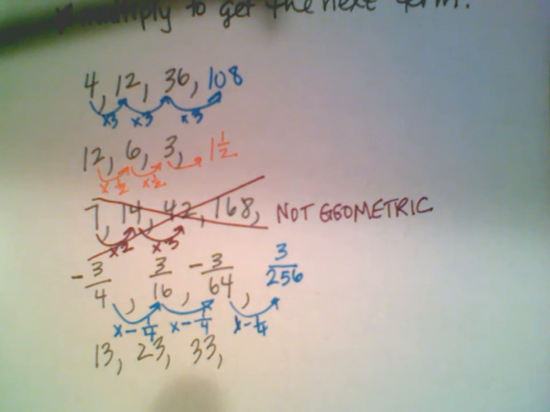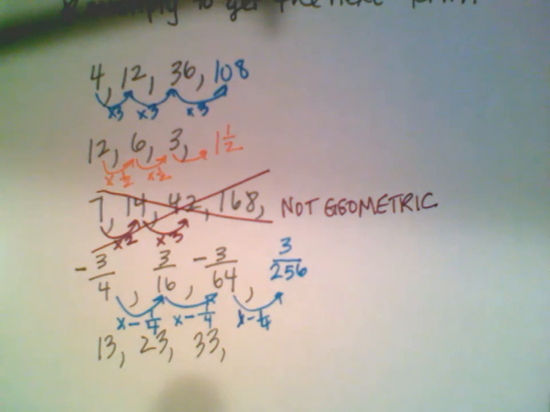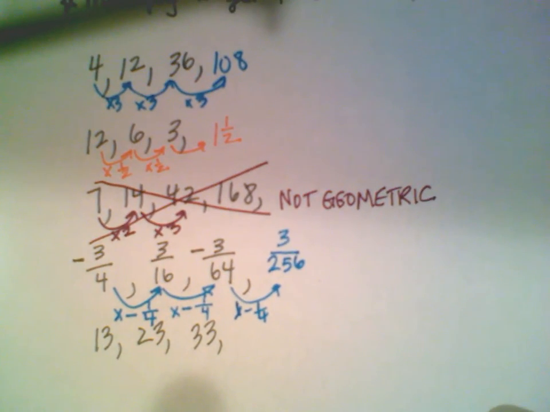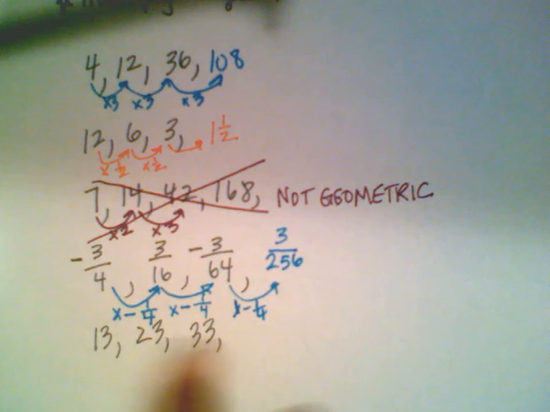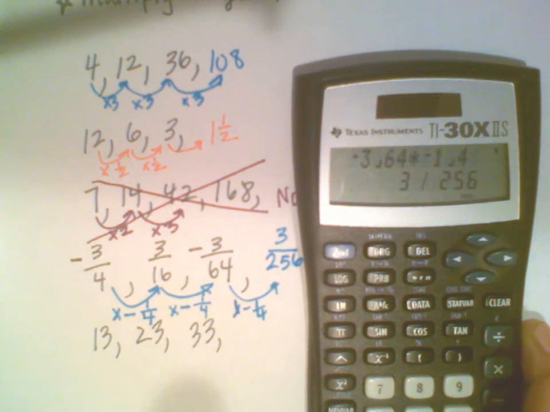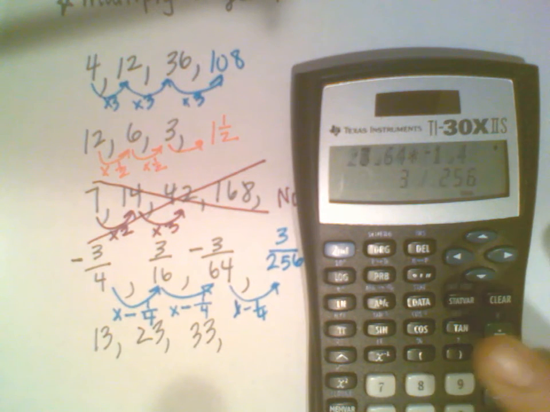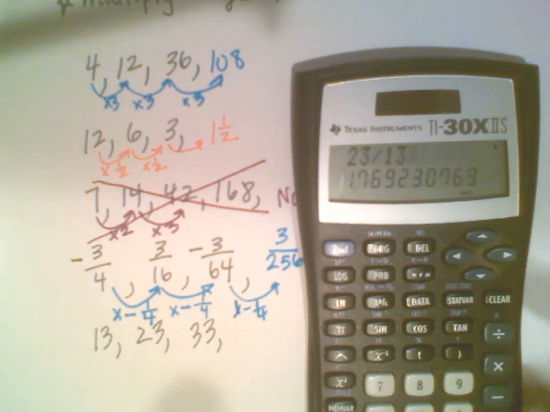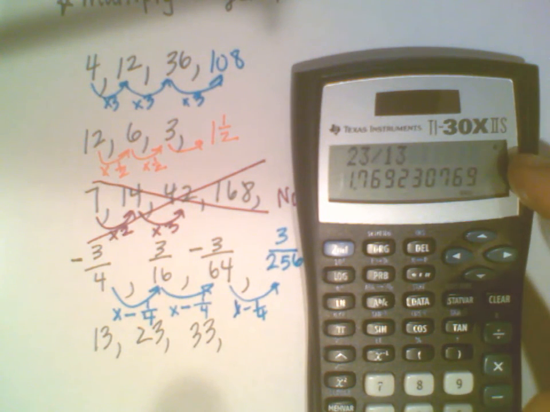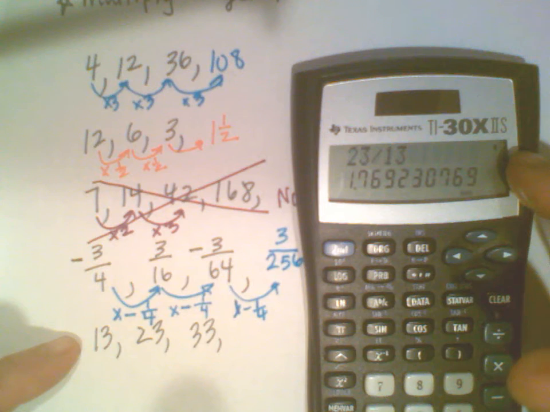So then my last problem that I have here, the last one we're going to go through, is 13 to 23. And so try as I might, I can't come up with something that I multiply 13 by to get 23. So I'll do 23 divided by 13. And oh boy, that came out ugly. So I'm going to suspect that this is not geometric.